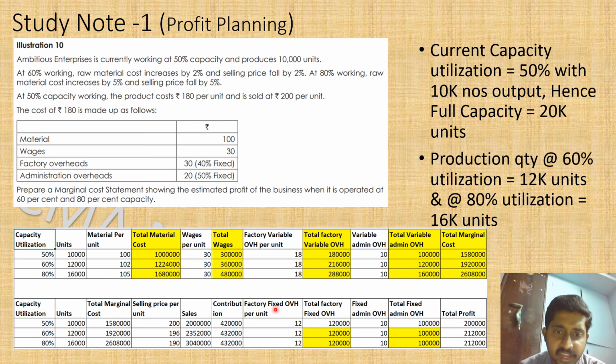Just for knowledge purposes, 30 rupees is the factory overhead, which means 40 percent is fixed. 40 percent of 30 rupees is 12 rupees, and 12 rupees multiplied by the current production of 10,000 units is 1.2 lakhs. This is fixed and will not change with any level of capacity utilization.